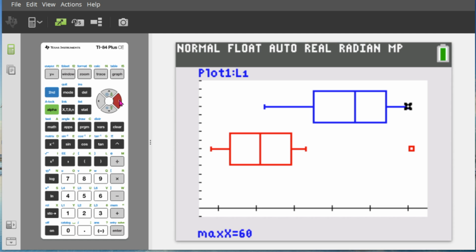To find the IQR, I need to subtract 35 from 54, and that'll be your IQR. Let's see, almost 20, so it's 19. I don't think I did that right.